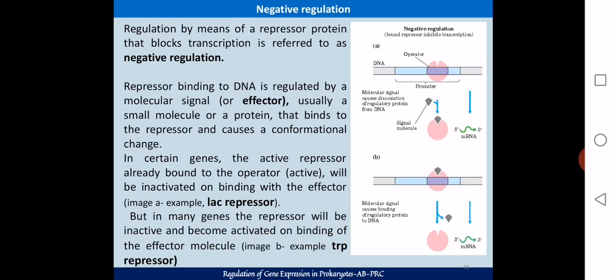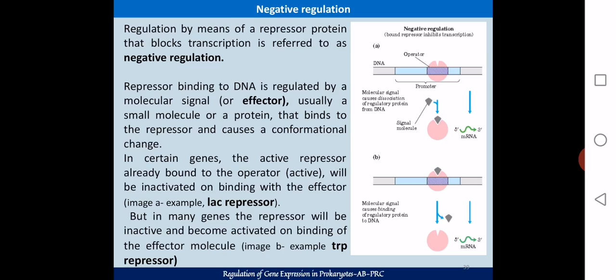Then this condition will be reverted, as we have already seen, by the presence of inducer which interacts with the repressor, and this repressor will be removed, right? So the lac operon is a classic example of negative regulation. Not only the lac operon, even the tryptophan operon, or trp operon, is also regulated by negative regulation.